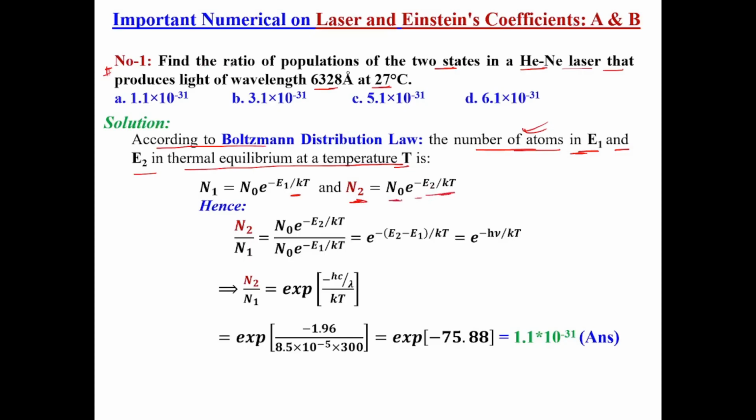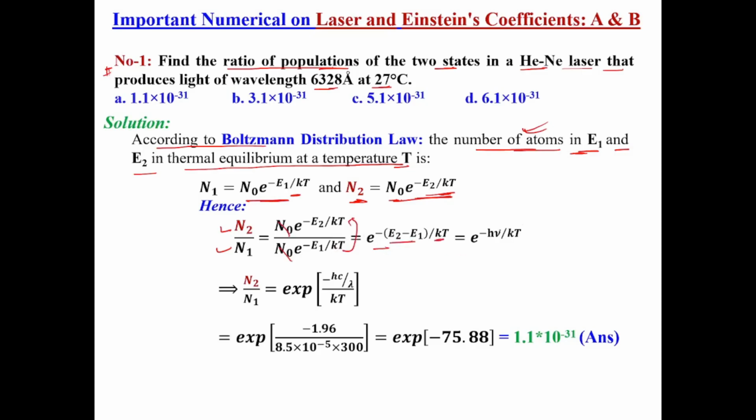In the question, we have to find the ratio of populations, that means N2 by N1, which is this term by this term. Here N0 got cancelled, and this term moves to the numerator: e to the power minus (E2 minus E1) by kT.